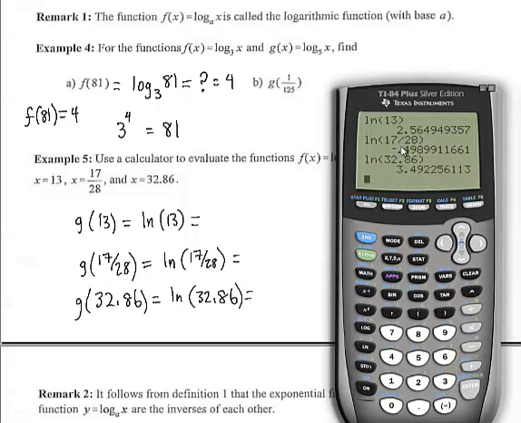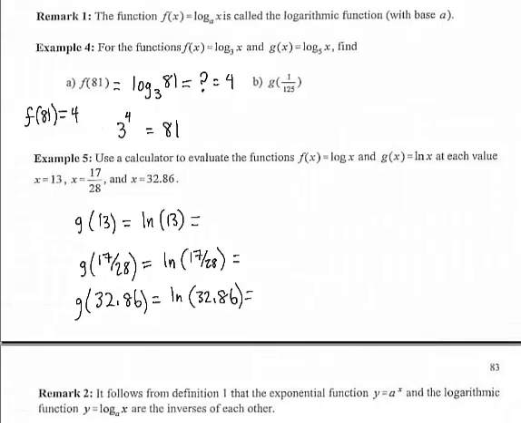Enter. So obviously we can enter in just about any type of number into these log functions: a whole number, a fraction, a decimal number. We can get back positive numbers, and we can get back negative numbers.